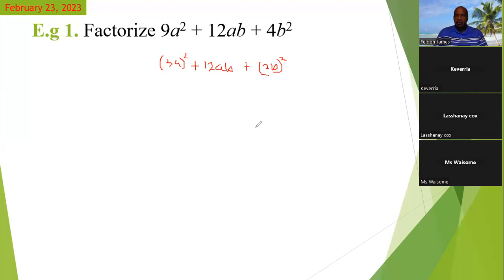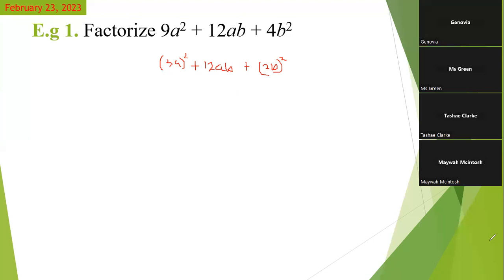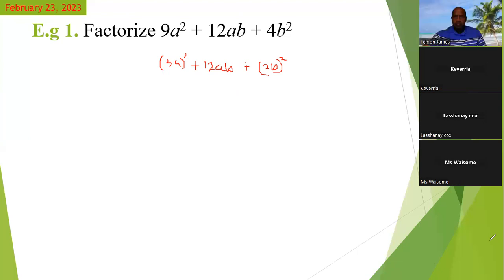Ms. Cox, how do we factorize this now? Miss Clark, how do we factorize once we identify that this is a perfect square? How do we go about factorizing it?